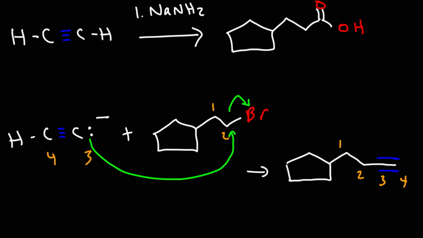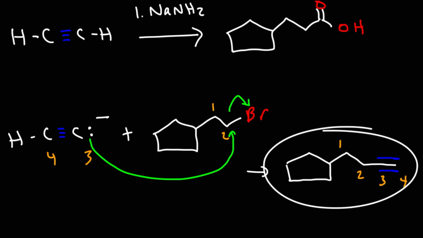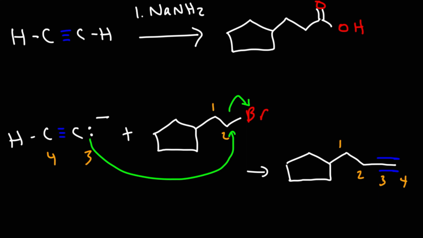Now I wrote it correctly. At this point, once we have this terminal alkyne, we can now use ozone, which is going to break it here between carbons 3 and 4. So carbon 4 is going to turn into CO2. Carbon 3 will become the carboxylic acid. And so we're going to have 3 carbons outside of the cyclopentyl ring, which is what we want.